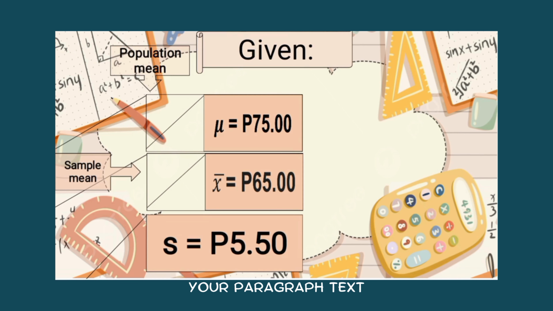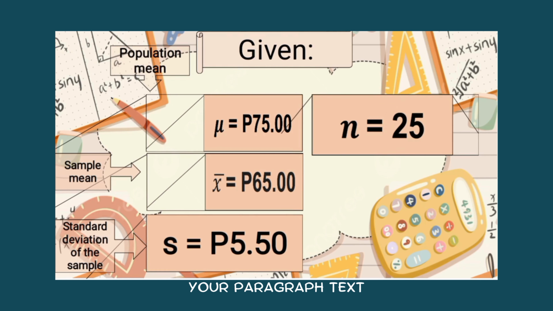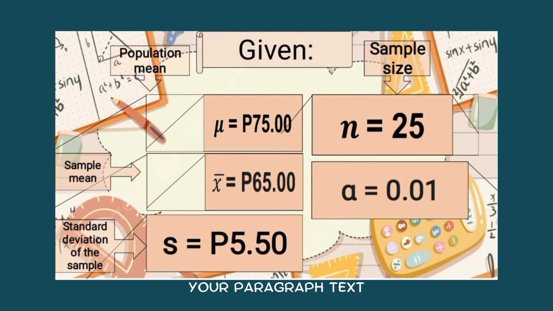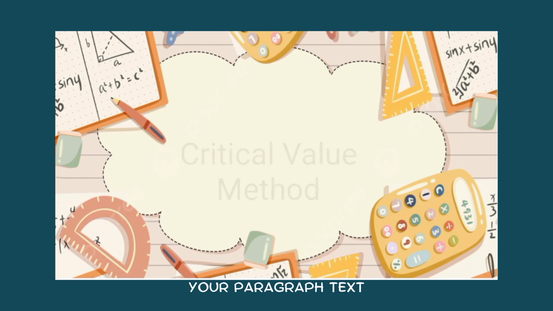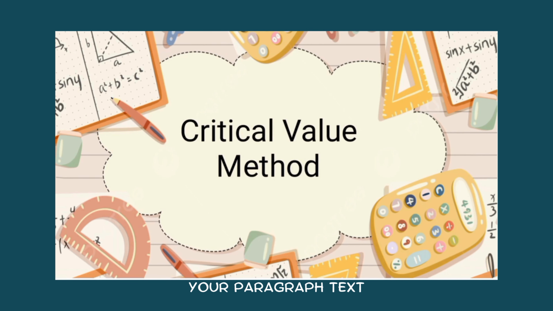And S is equal to 5 pesos and 50 cents, which is the standard deviation of the sample. And n is equal to 25, which is the sample size. And alpha is equal to 0.01, which is the level of significance. So now let's have our critical value method.